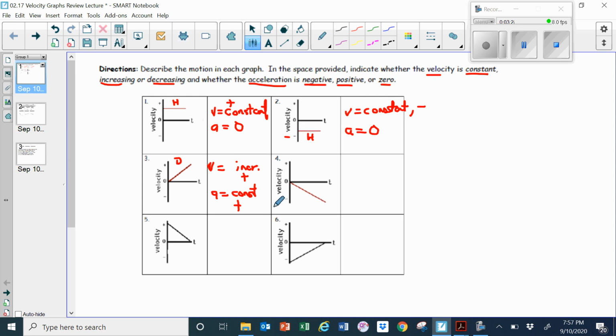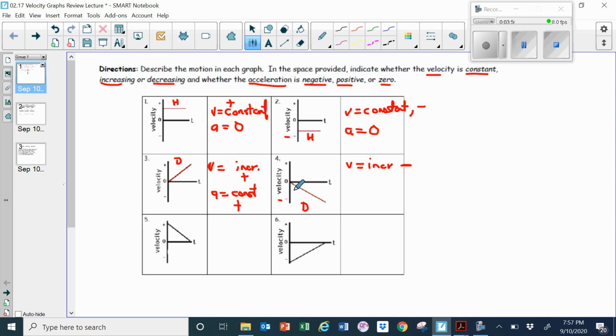Okay, next one. Here's the velocity. Oh, here's another diagonal, isn't it? So the velocity is increasing at a constant rate, but it's increasing in a negative direction. So here the velocity is also increasing. The velocity is increasing, but it's increasingly negative. It's not decreasing, it's increasing.